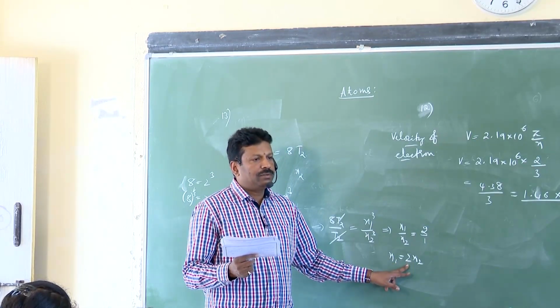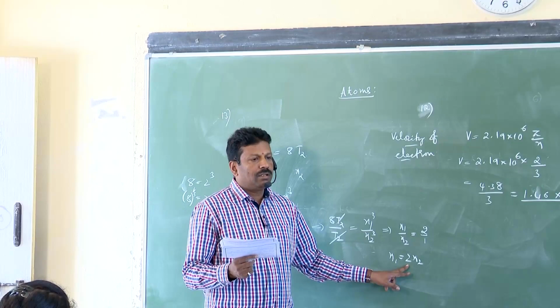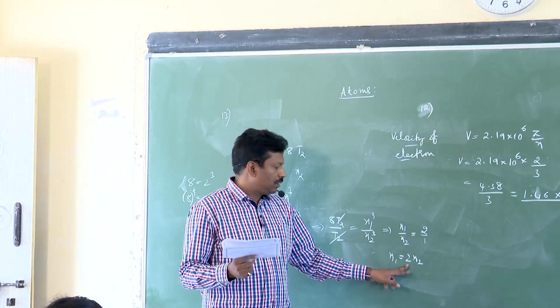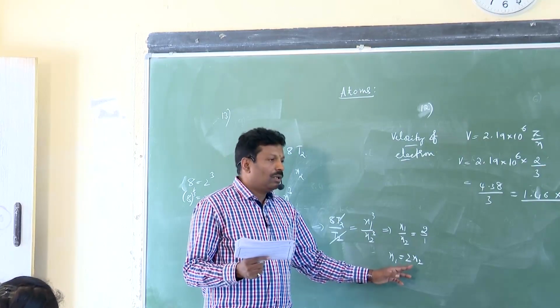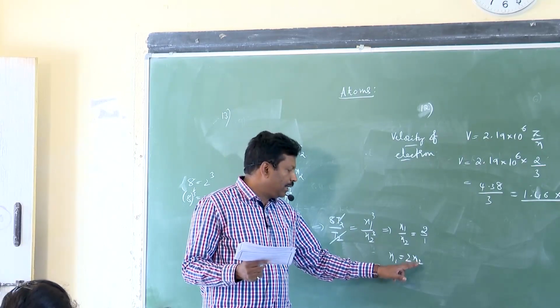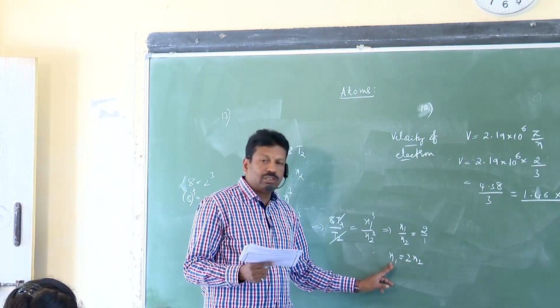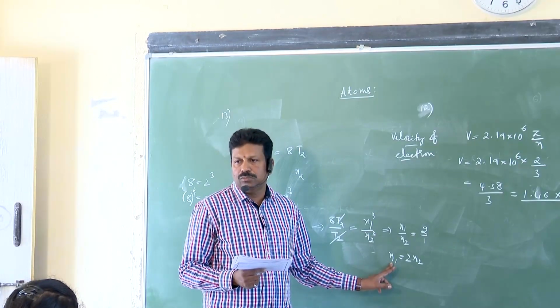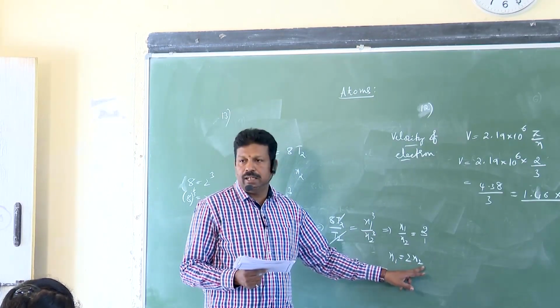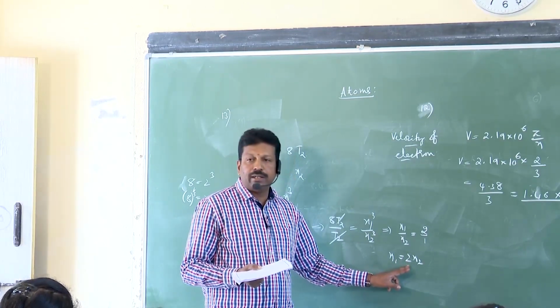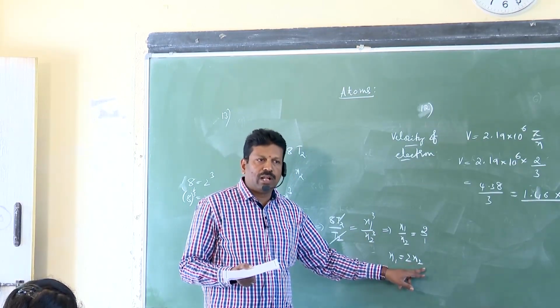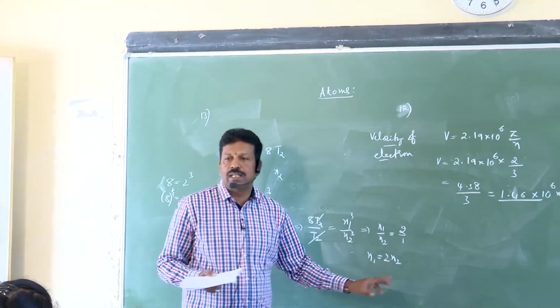Are you clear? It is option D, because 1 and 2 are not given here. If N2 were given as 1, N1 would have been 2. But that option is not given to us here. What they have given is N2 is 2 and N1 is 4. So that's the correct option.